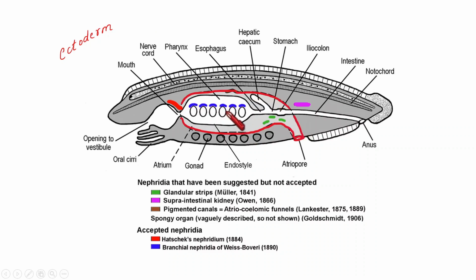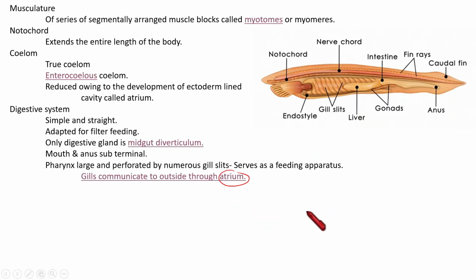The gill slits of the pharynx open to this atrium, and then it opens to the outside through the opening of the atrium, which is called the atriopore. So the pharynx is not directly opening to the outside. Instead, it first opens to the atrium, and through its opening, the atriopore, the pharynx communicates with the exterior.